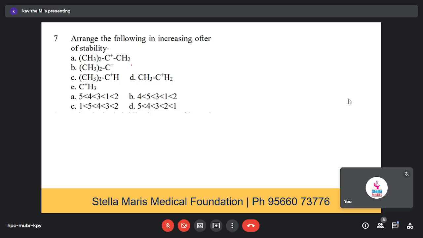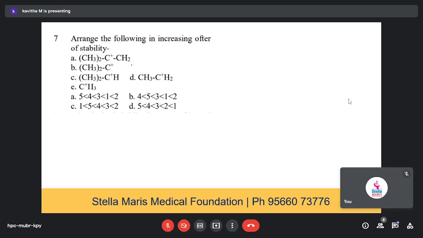Here, the stability you have to say based on the electron donating nature of the methyl group. See the nature of the carbon in A. The C plus is present in the center.